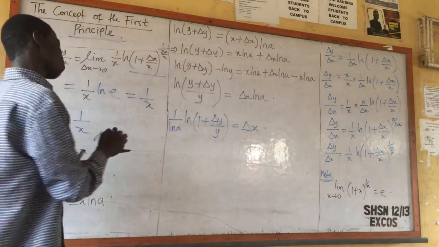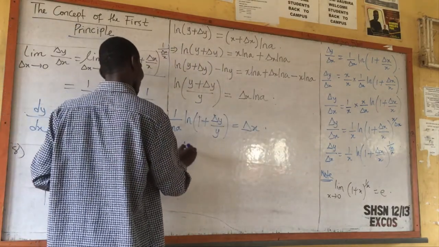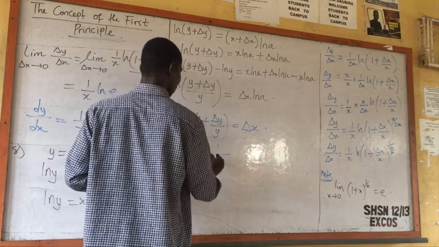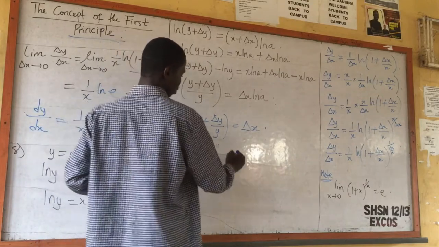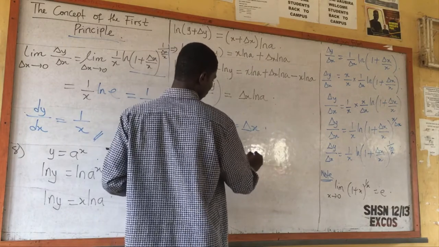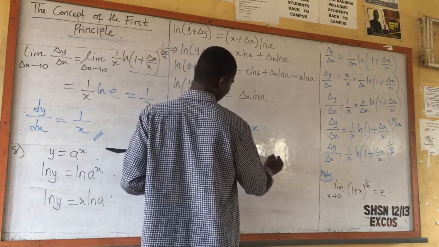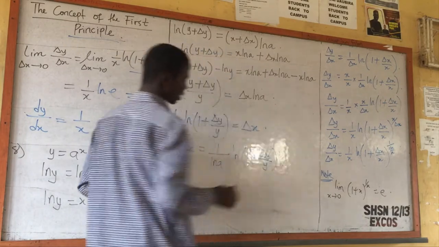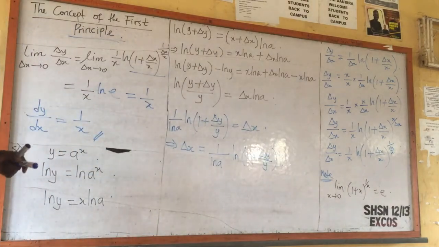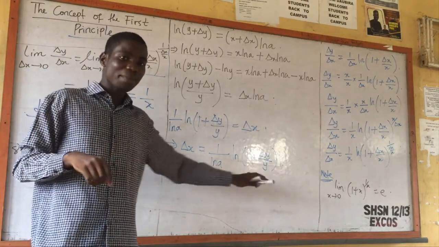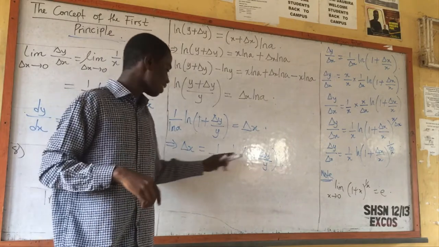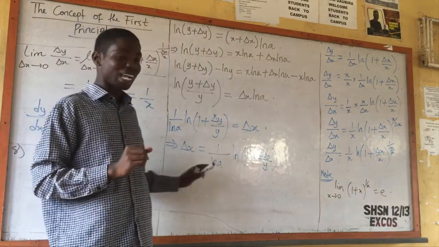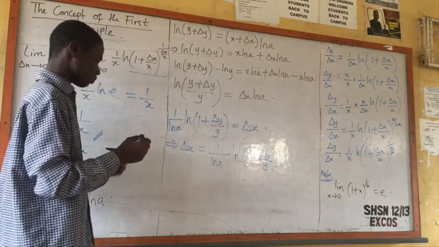So I will rewrite this so that delta s is equal to 1 over ln a of ln of 1 plus delta y over y. That's what we are going to have. At the end of the day, I will divide both sides by delta y.